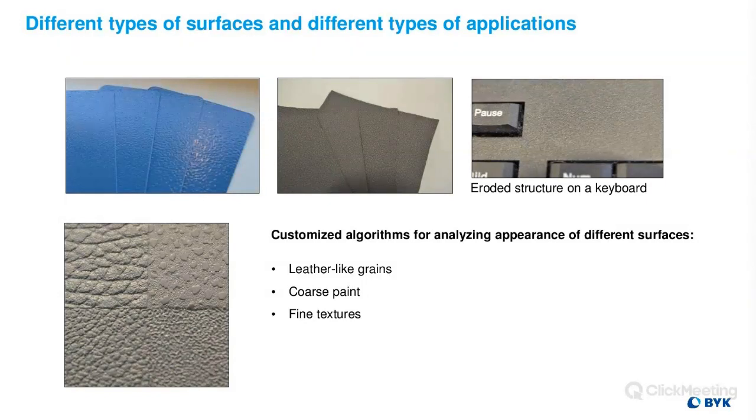So that's it for the leather-like algorithm. Again, we're not, unfortunately, going to have time to cover the other ones today, but these algorithms can be used for, again, leather-like grains, coarse paint, which is often powder-coated materials that are very high gloss, and fine textures, fine textured paint, or as you're seeing, like in this keyboard here, sometimes our consumer electronics will have fine textures on them, and those things need to be controlled for as well.